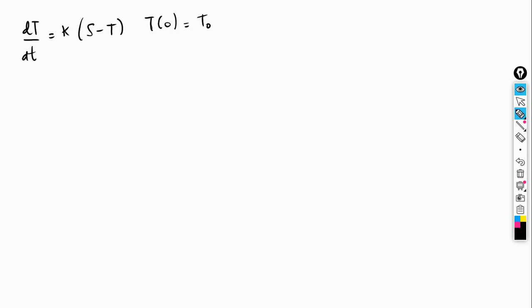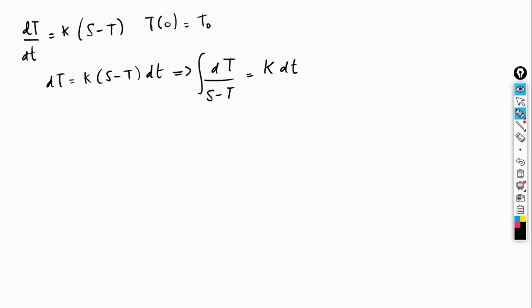So notice that we can rearrange this equation as dT, the differential of temperature, is equal to K times the temperature of the medium minus the temperature of the object, dt. And then from here, we can get dT over S minus T is equal to K dt.